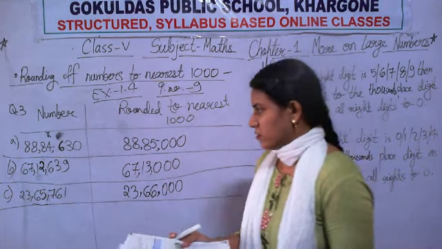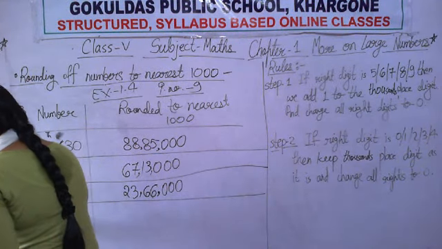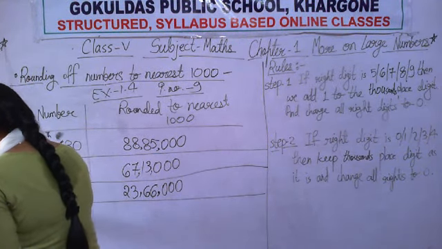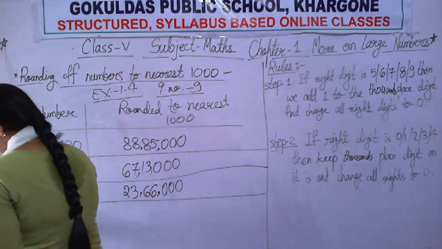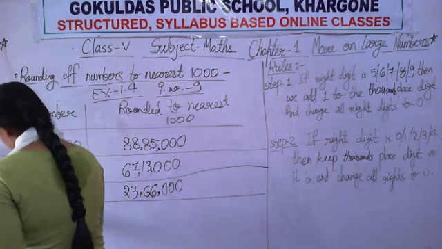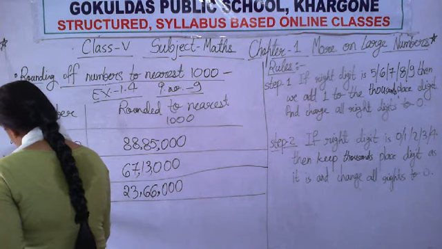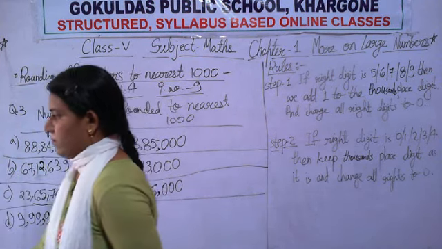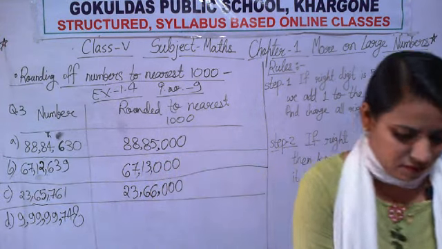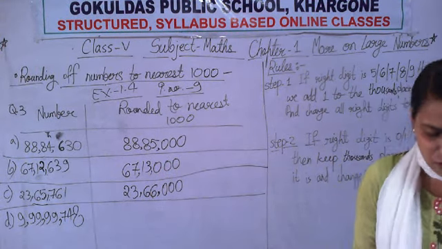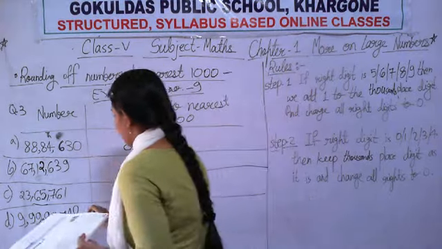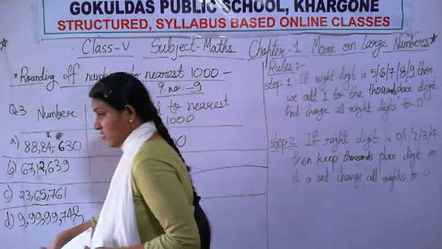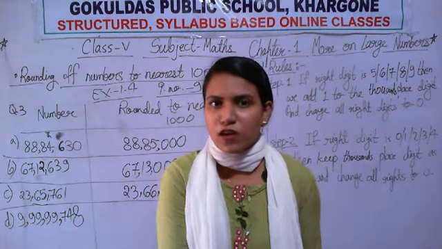Let's do the next, that is part D. In part D, the given number is 9 crore 99 lakh 99,748. Okay. You want to round off this large number to the nearest 1000.